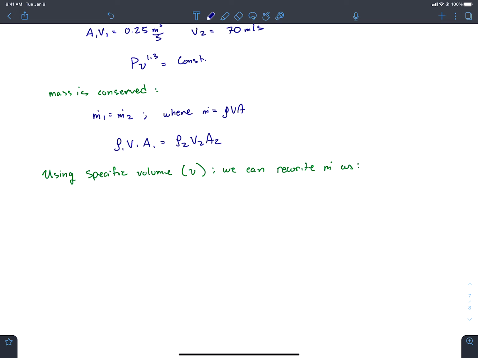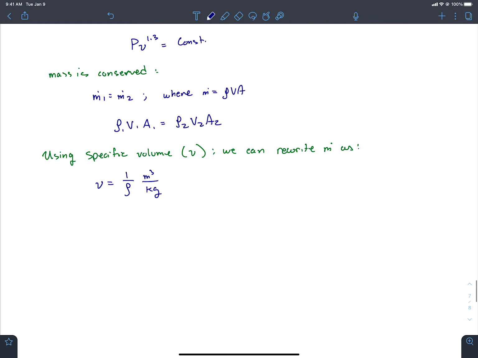For those of you who don't know, specific volume is 1 over rho, and it has units of meters cubed per kilogram. And so what that means is we can say V1 A1 over, I think it's a mu, is that a mu? mu1 equals V2 A2 over mu2.